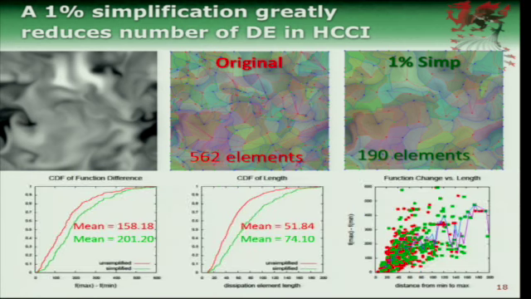If we look at the cumulative density function of the function value difference, what you see is that the original, that's the red, has a lot more small elements, and it has a correspondingly smaller mean difference in function value than the simplified version.